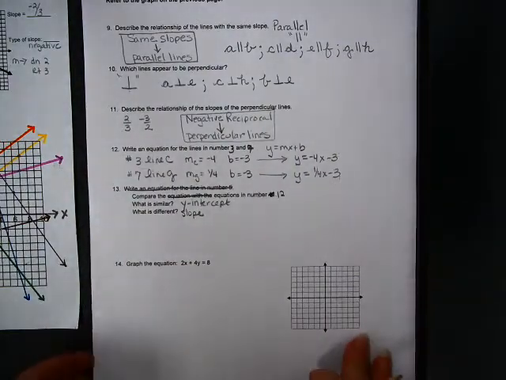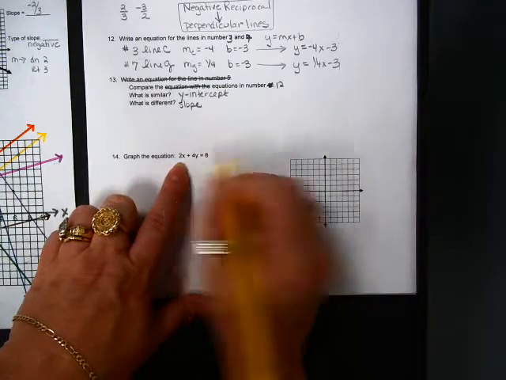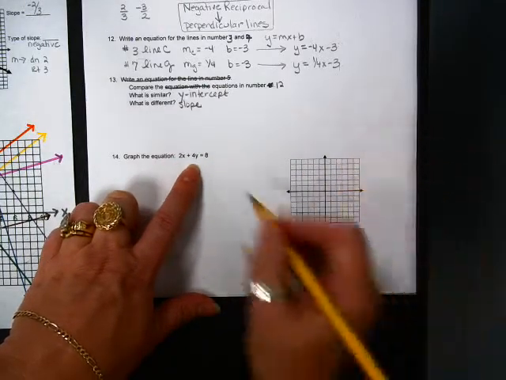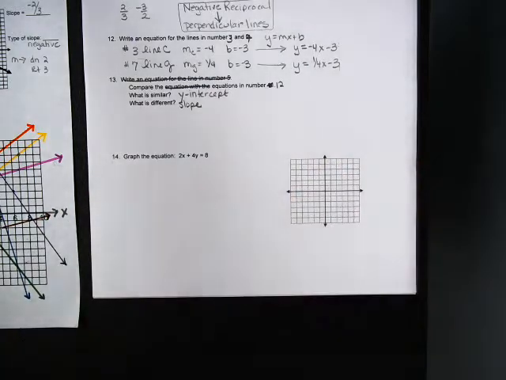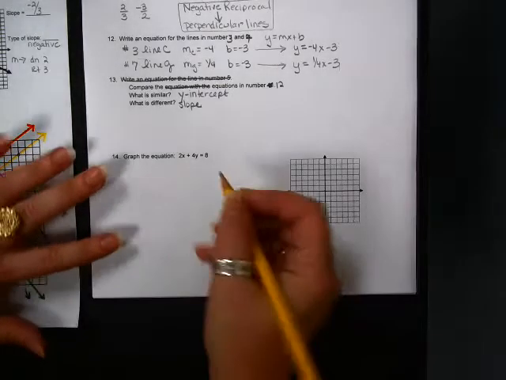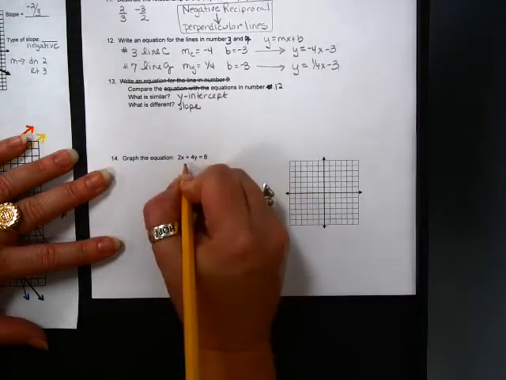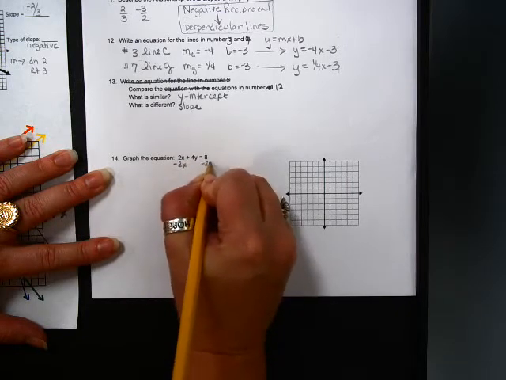Okay, and finally we have the graph, and we want to graph this equation. To graph it, again, we needed y equals mx plus b. And when we have y equals mx plus b, then it makes it a lot easier to graph. That means I want to solve this for y. So I'm going to subtract 2x from both sides.